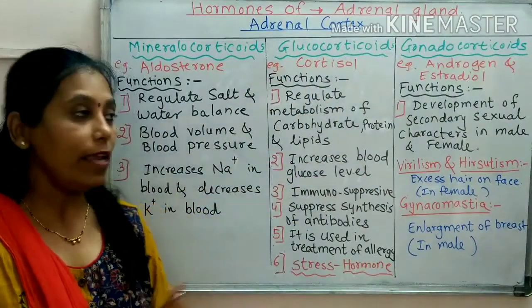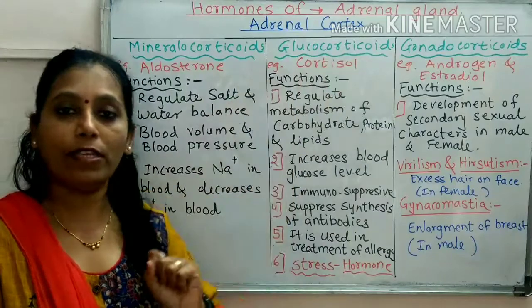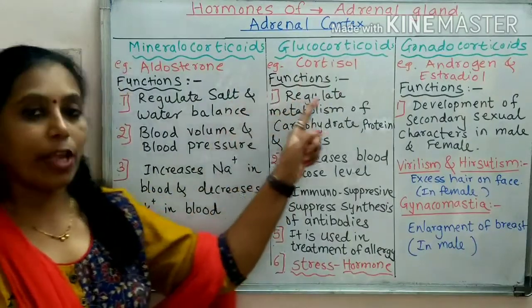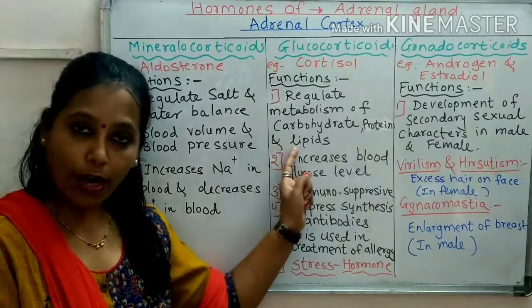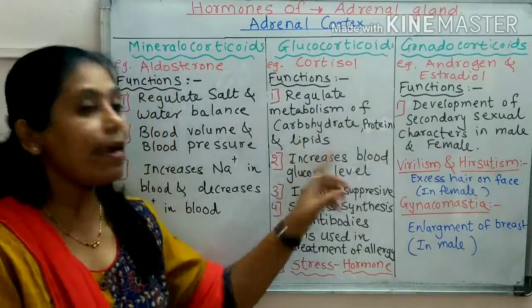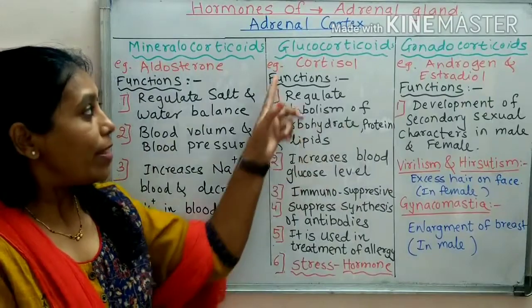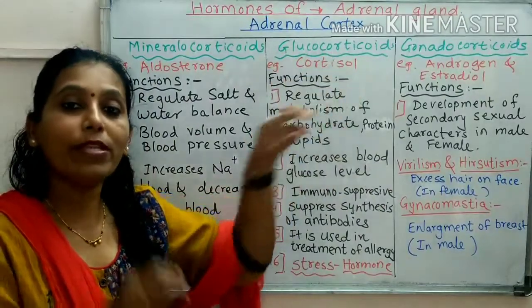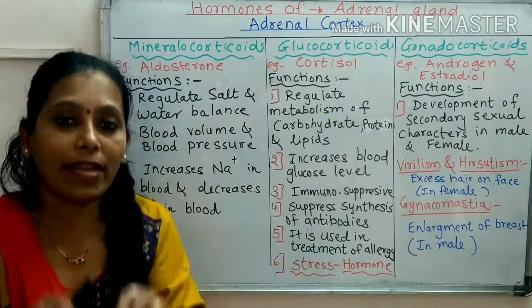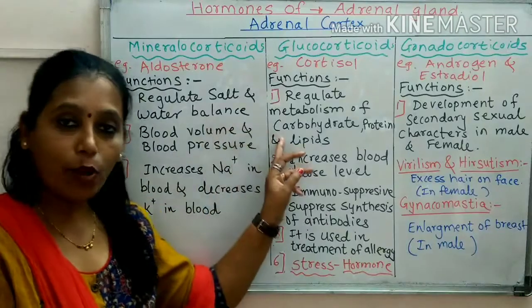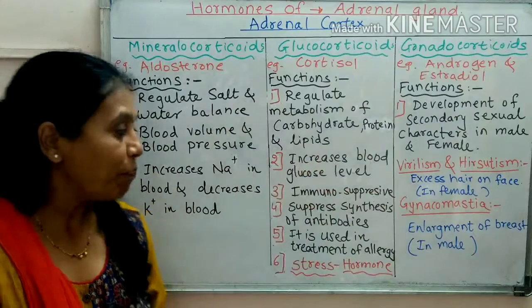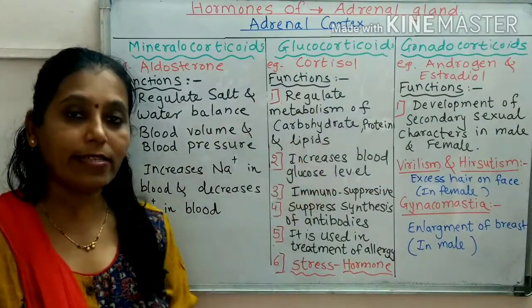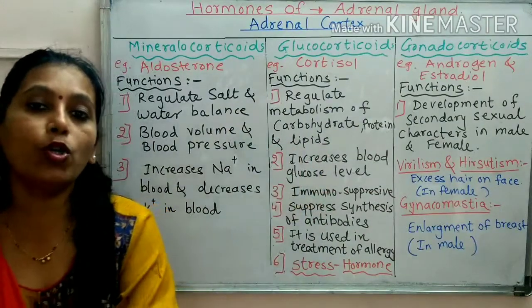Now let us study the function of cortisol. It regulates the metabolism of carbohydrates, proteins and lipids. That's why the name gluco was given, meaning it is related with the metabolism of carbohydrate, protein and lipid. It also increases the blood glucose level.